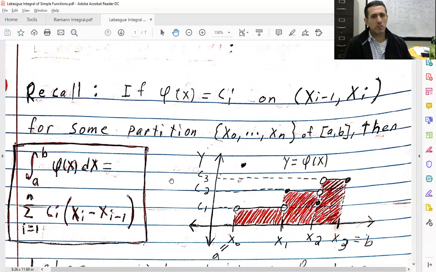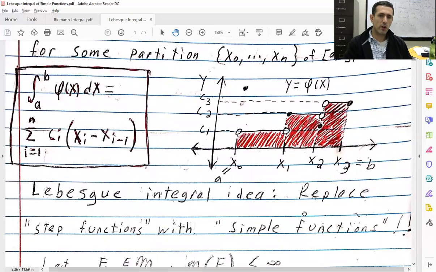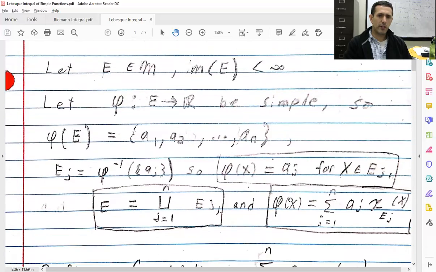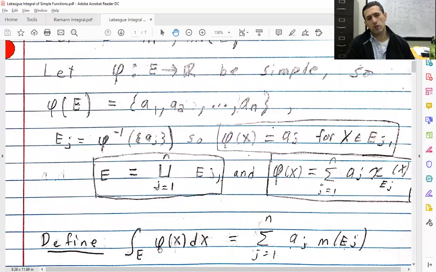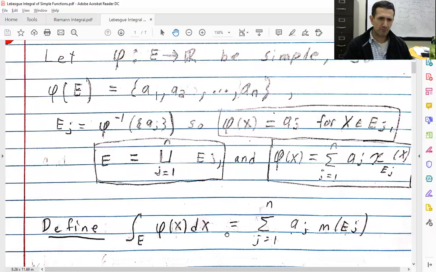Trivially, a step function only takes on finitely many values, and you can check trivially that a step function is measurable. So yeah, we have a definition of the Lebesgue integral of a simple function that extends, coincides with the Riemann integral of a step function on a closed interval.